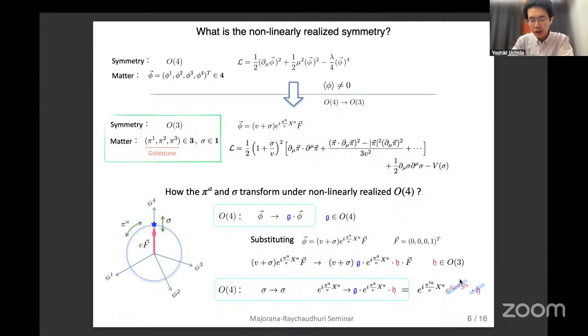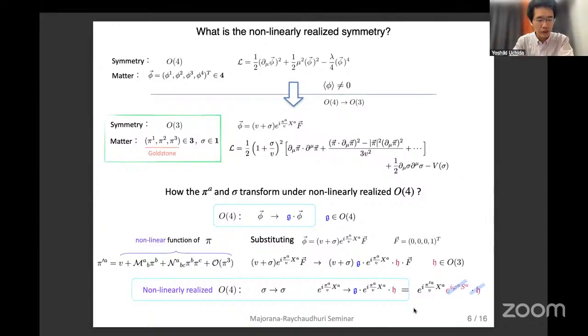And only after that, we can define the transformation law of the Goldstone-boson field by just comparing this matrix after the transformation and before the transformation. So this is nothing but the nonlinearly realized O4 symmetry.